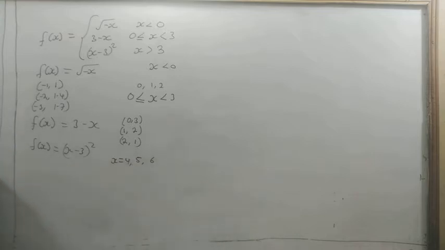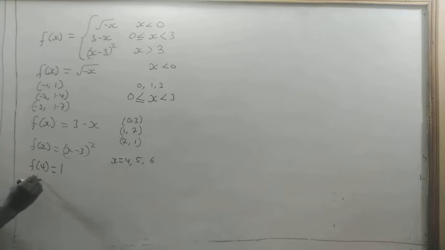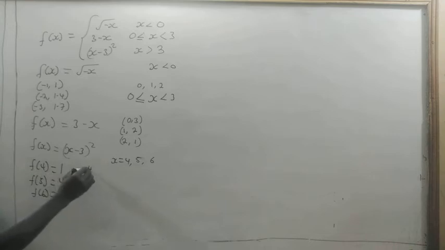If we take f of 4, 4 minus 3 is 1, and 1 squared is 1. If I take f of 5, 5 minus 3 is 2, and 2 squared is 4. If I take f of 6, 6 minus 3 is 3, and 3 squared is 9.